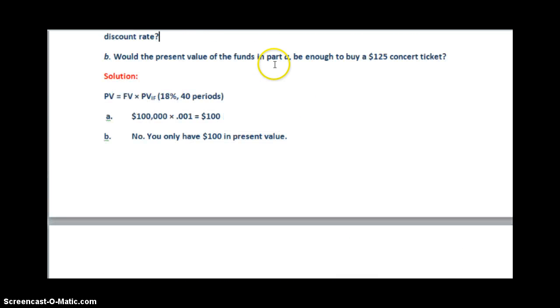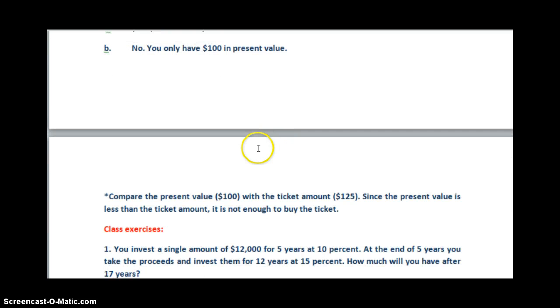You will notice that since the present value is less than the ticket amount, that is $100 is less than $125, it is not enough to buy the ticket. Thus, your answer is no, because you only have $100 in present value.